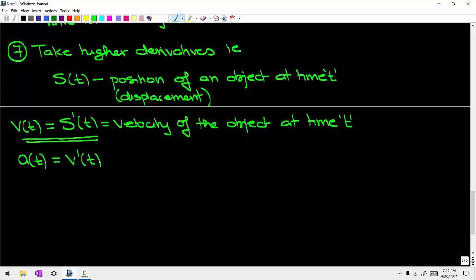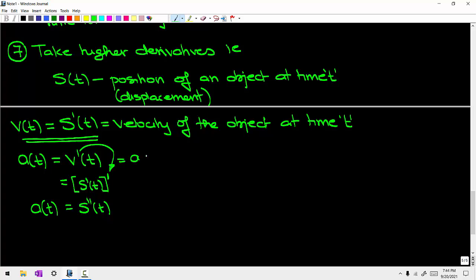Okay, so we know velocity is s prime of t. The derivative of that gives us s double prime of t. So another formula for acceleration is s double prime of t.